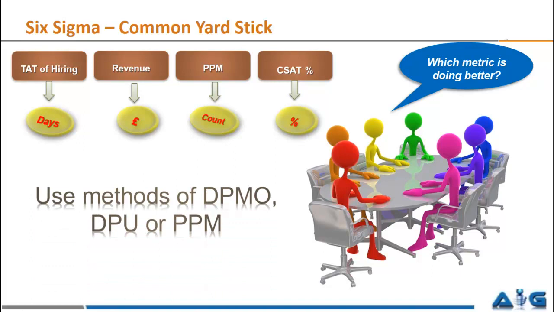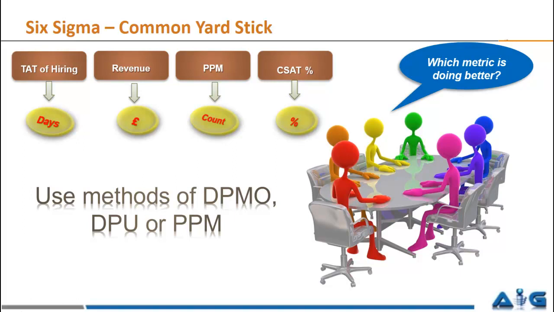Six Sigma started to promulgate usage of methods like Z-score or Sigma scores or DPMO, DPU or PPM, etc., which facilitated creation of a common yardstick of measurement. So now the TAT of my hiring process would be available to me in a DPO or a DPMO score, or revenue would be available in a DPO or a DPMO score.